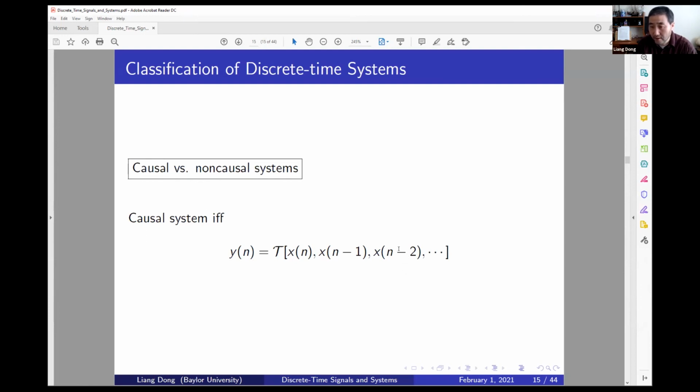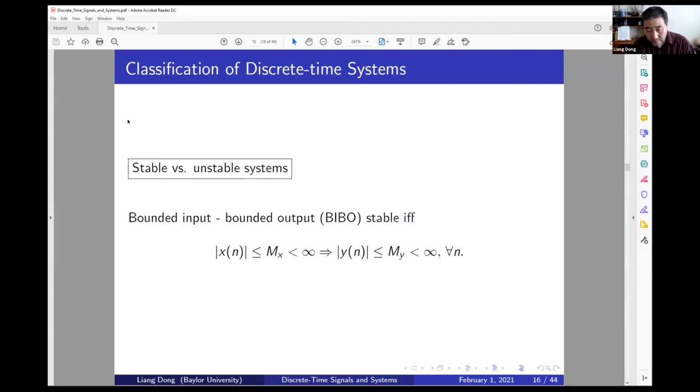In the physical world, that's what you get. You are not going to look into the future input. It has not arrived yet. You're only looking at the current input and the past inputs. So the transformation of x[n], x[n-1], x[n-2], and so on, gives me the current output. That is a causal system.